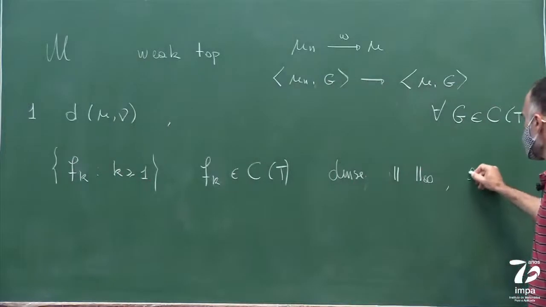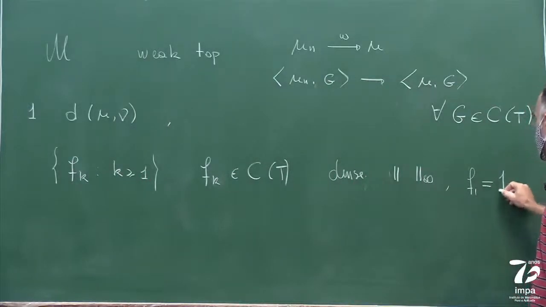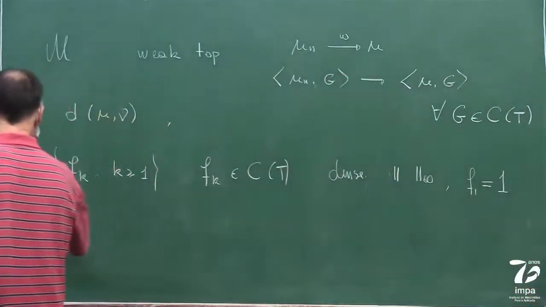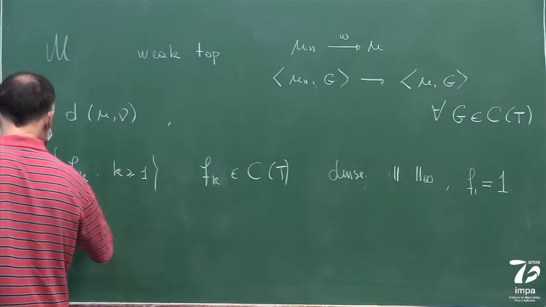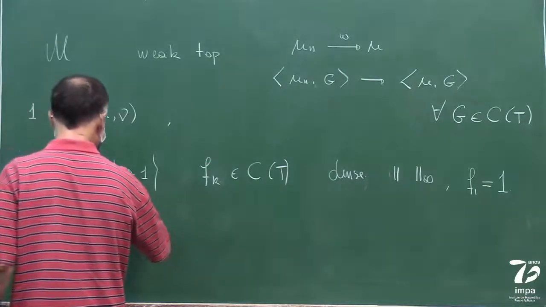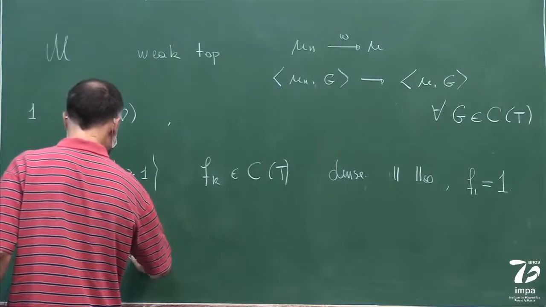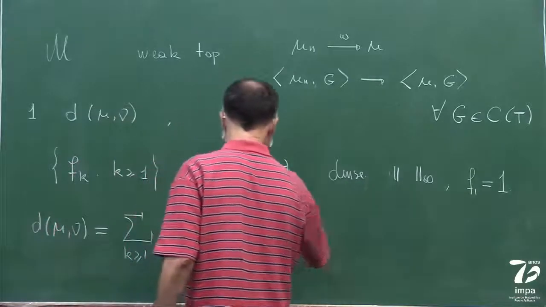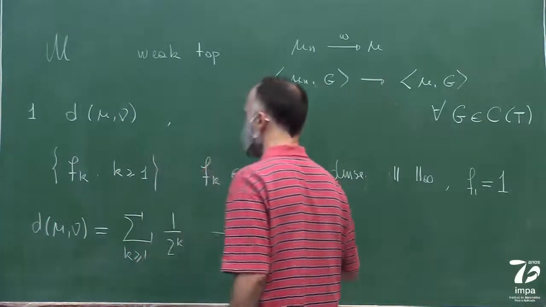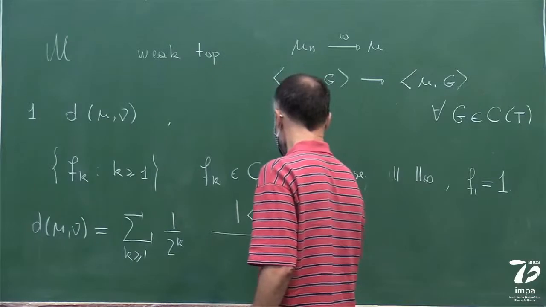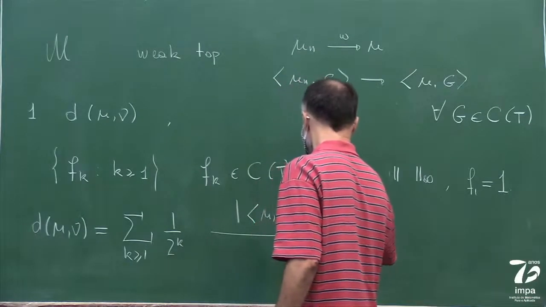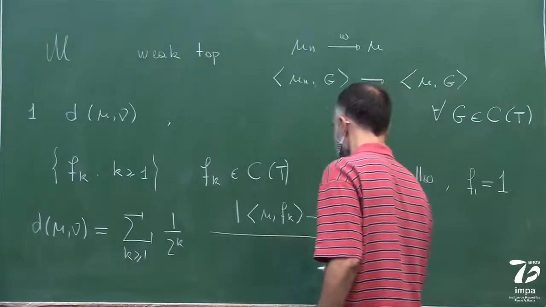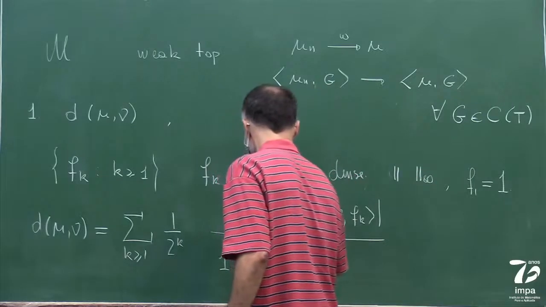And given that sequence, to make things simpler, I will assume that the function f1 is just the constant function equal to 1. And let me define the distance between mu and nu as a sum for k larger or equal than 1 over 2^k, and then here I take the difference between the integral of f_k with respect to mu and nu, divided by 1 plus the same thing.